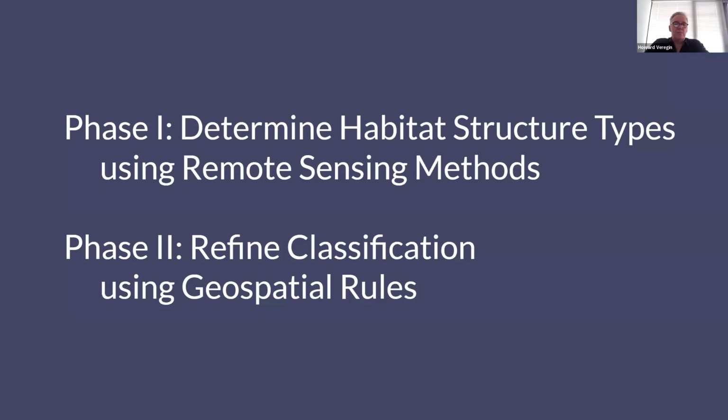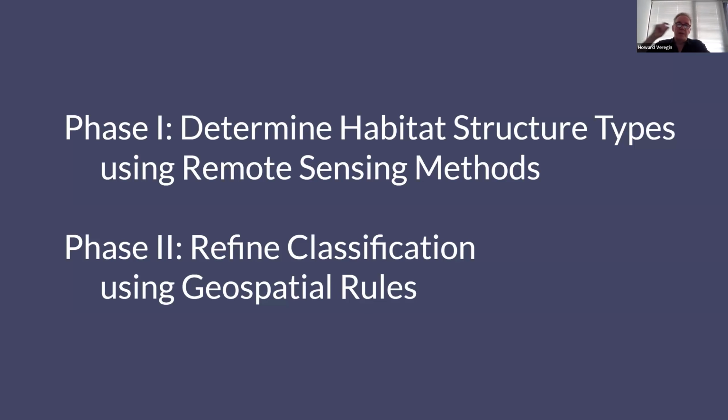In the first phase, and what Kirsten covered in the first set of slides, is to derive that high resolution, essentially land cover map of the estuary using the NAIP imagery. To do that, we used training polygons that were produced by visual interpretation of the NAIP imagery. Actually, we digitized those on screen. And those created those structure types that Kirsten mentioned. So herbaceous, water, scrub, shrub, rocky, and things like that.